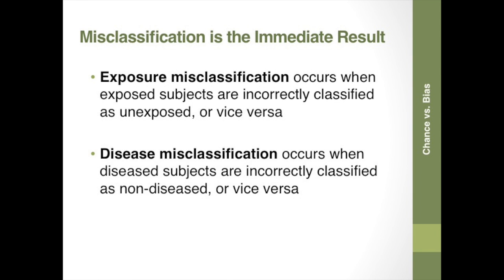Misclassification is the immediate result of information bias. Exposure misclassification occurs when exposed people are incorrectly classified as non-exposed or vice versa. Disease misclassification is when people with the disease are incorrectly classified as not having the disease or vice versa.